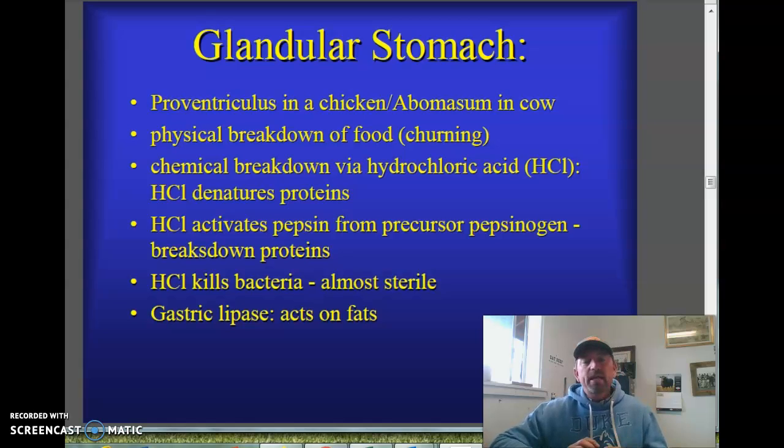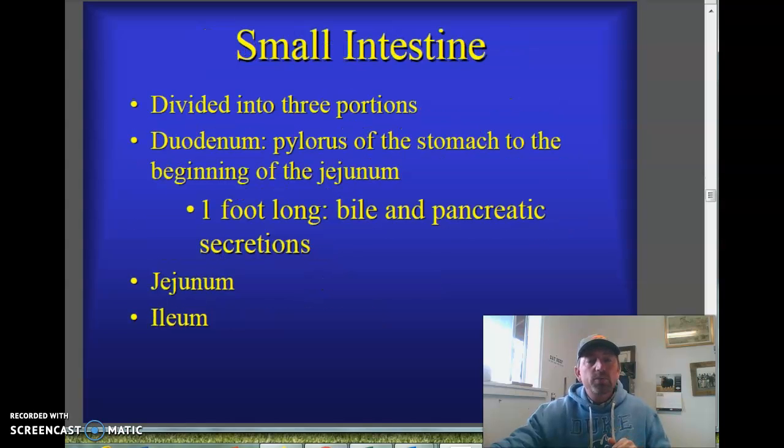And this churning and movement of our true stomach with our acid causes that physical and chemical breakdown of those feeds, along with several enzymes like protease, lipase, and carbohydrases, and they break down protein, fats, and carbohydrates. So very important that we have these enzymes present, and these enzymes are released from several places. So we will talk about that as we get to those places.